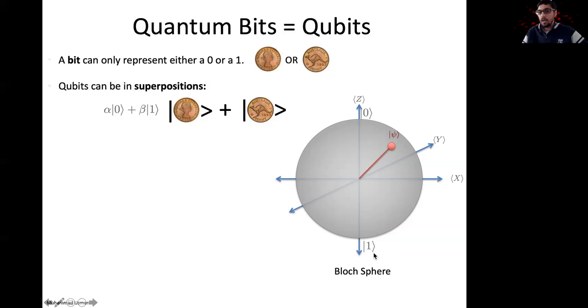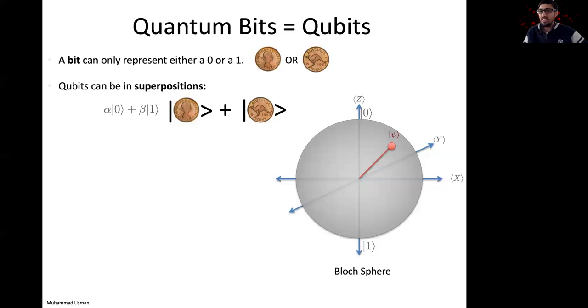But then you can basically rotate it, right? So this alpha 0 plus beta 1 is the rotation of those vectors. You can basically rotate the qubit to any point on the surface of the Bloch sphere, and that will be a valid qubit state.